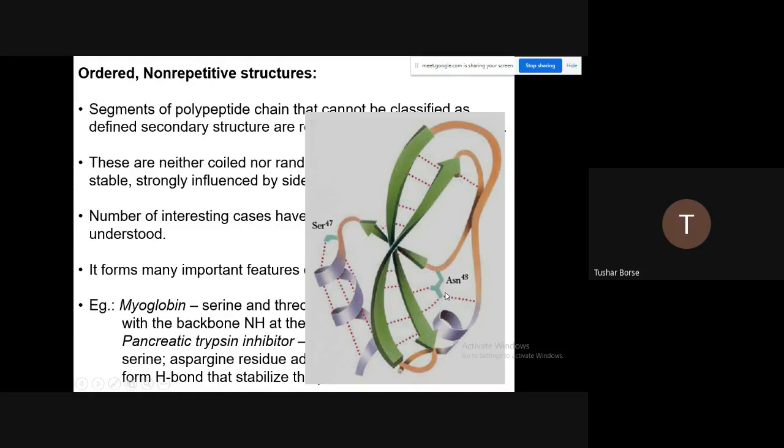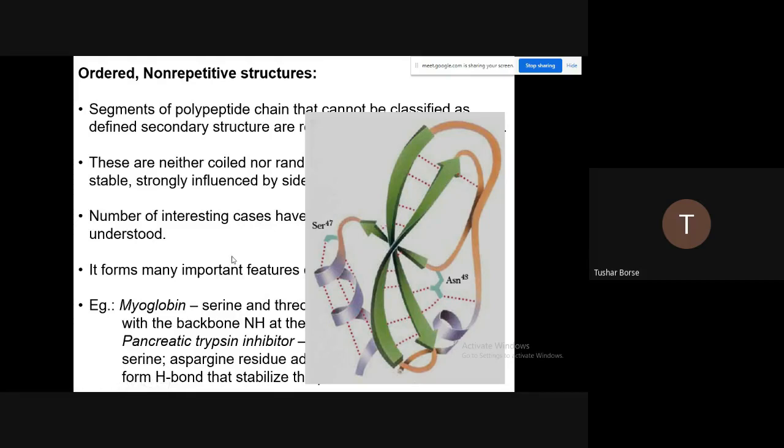All those amino groups are involved in the formation of these hydrogen bonds. So this interaction is also contributing toward the specific shape and size of that particular protein, right? This is one of the types of structure which could be present in the globular protein.